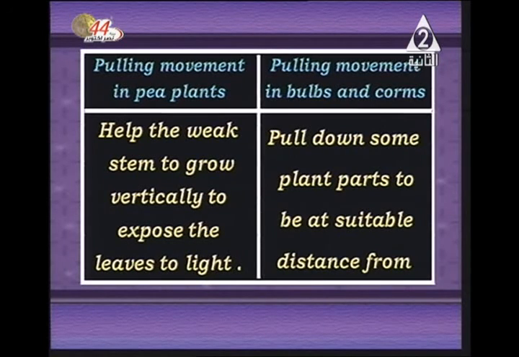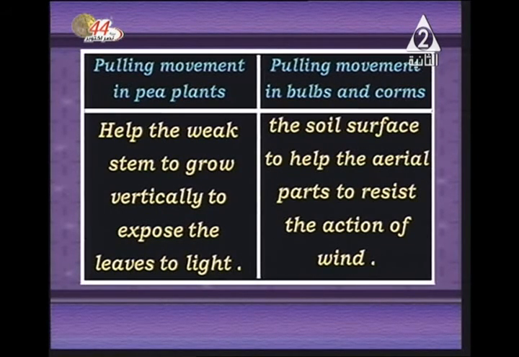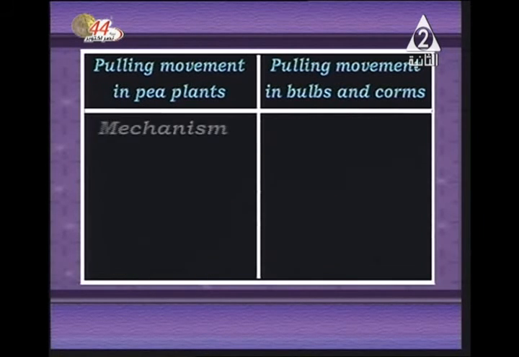While in case of bulbs or corms, for example potatoes, they pull down some plant parts to be at a suitable distance from the soil surface, to help the aerial parts, meaning the parts exposed to the air, to resist the action of the wind, to be stronger and more erect. But what about the mechanism of the pulling movement in pea plants?